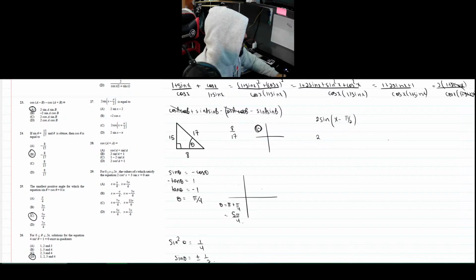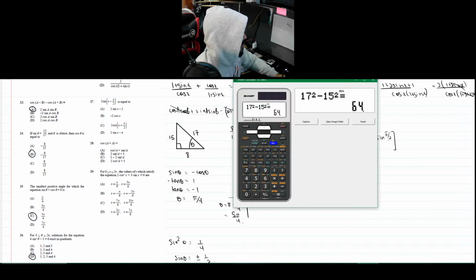This is 2 into sine x cosine pi on 2 minus cosine x sine pi on 2. 2 sine x, cosine of pi on 2 is 0, no, shucks, brackets, please use the brackets.